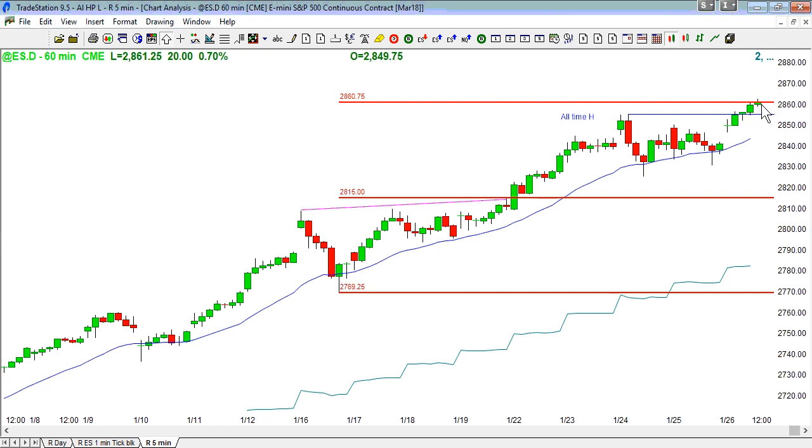60-minute chart, pausing at the measured move target. We had a wedge top, a bull breakout. There's a gap from this low to that high, and we're right at the measured move target, a little bit above.